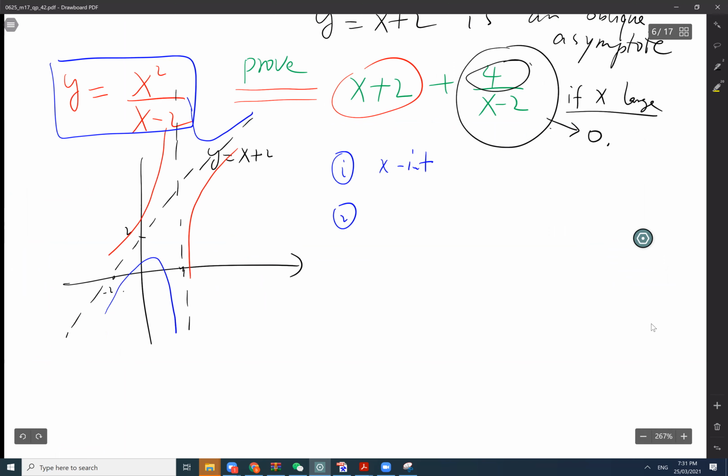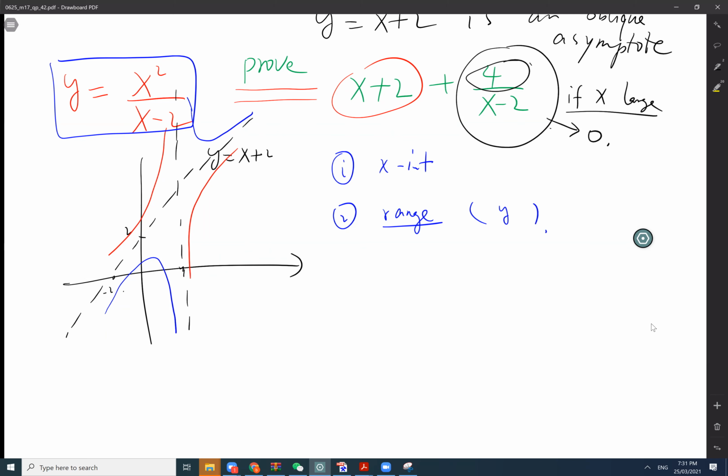Second one, the formal wording called the range is about y, the condition on y.